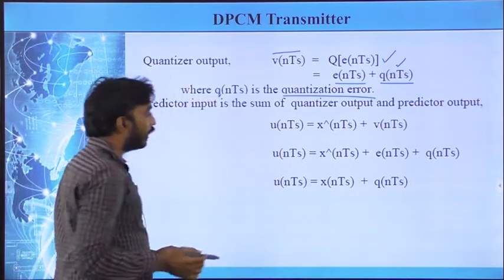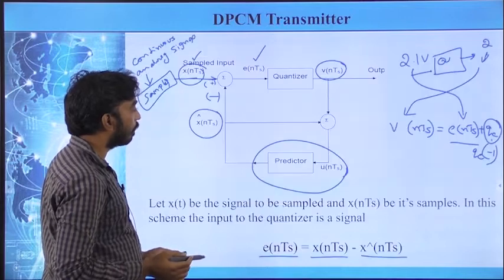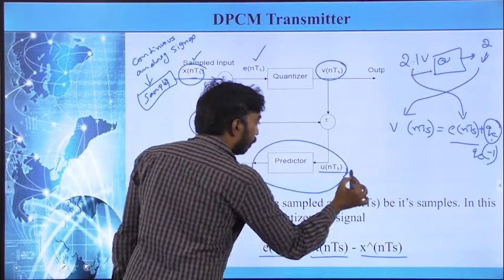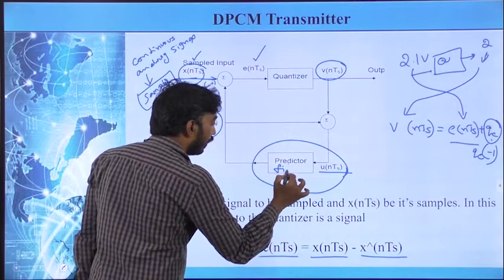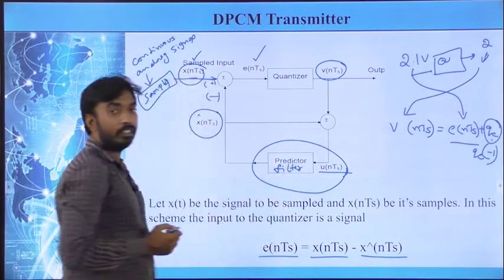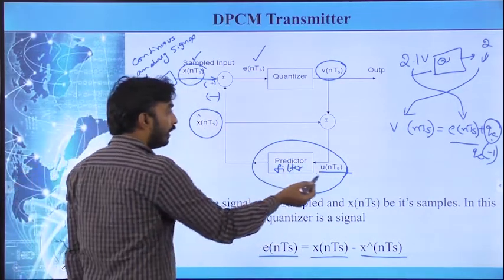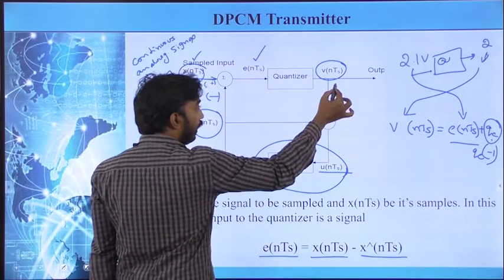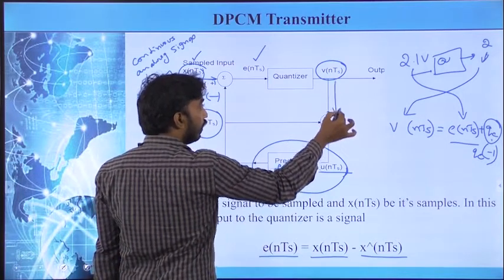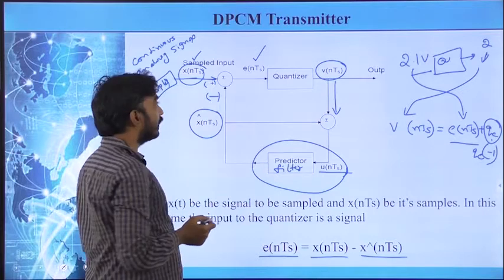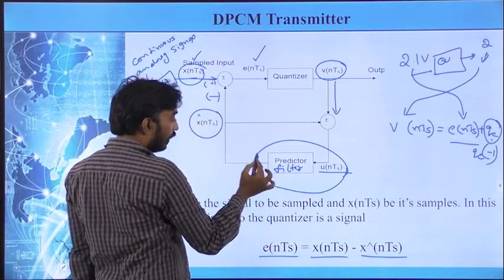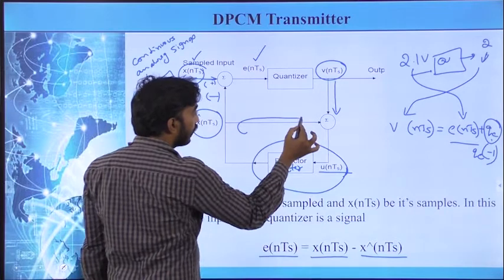Now U of nTs, where am I calculating U of nTs? The predictor filter input is U of nTs. Then what is U of nTs? One input is coming from the output of the quantizer, another input is coming from the output of the prediction filter.